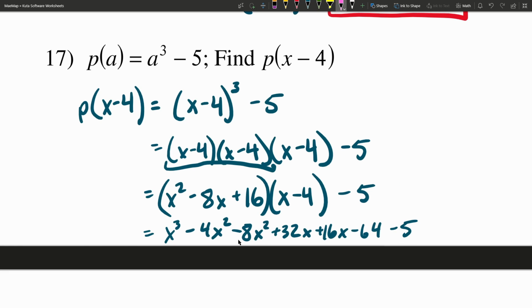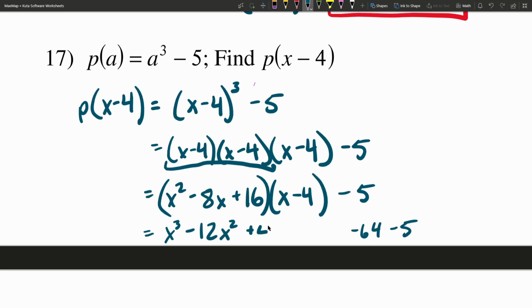Now, if you notice, we can combine some like terms. Negative 4x squared and negative 8x squared can be combined together to a negative 12x squared. So simplifying that, we'll have x cubed minus 12x squared. And then notice that 32x can be combined with 16x. Adding those together, we'll get a 48x.